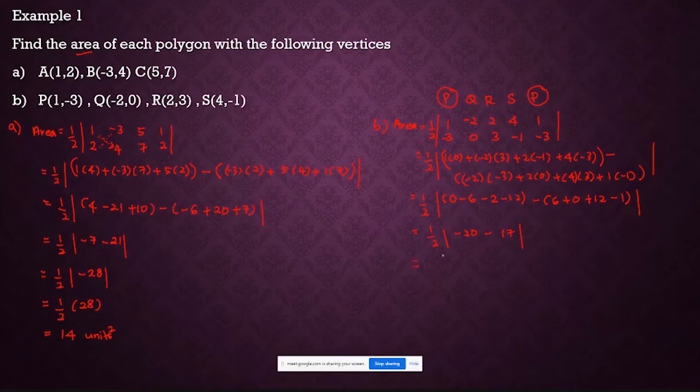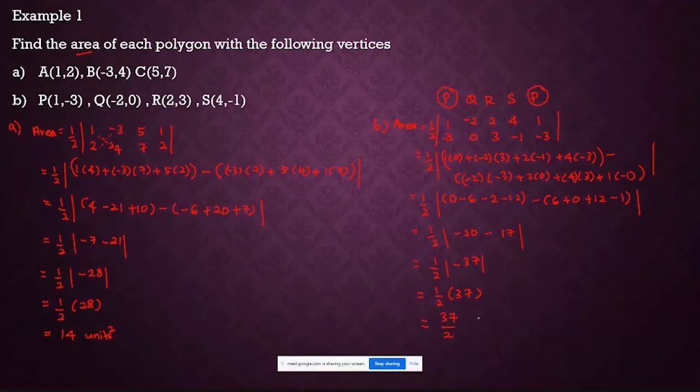Equal to 1 over 2 negative 37. Okay, so negative 37 here, because modulus here, it becomes positive value, 37 over 2.